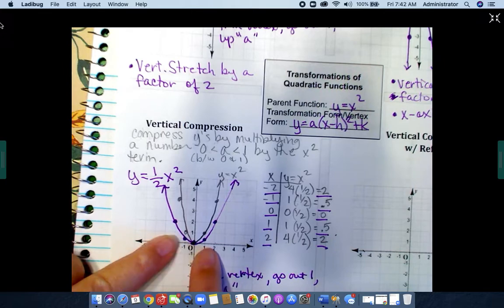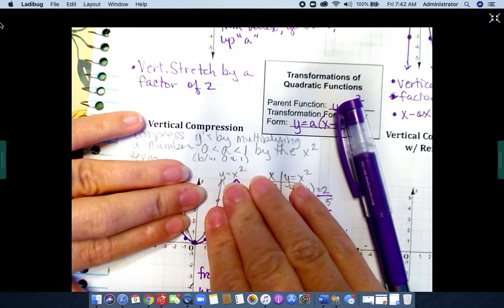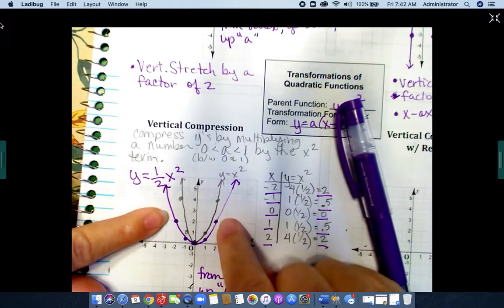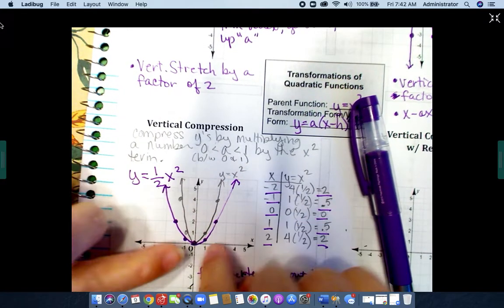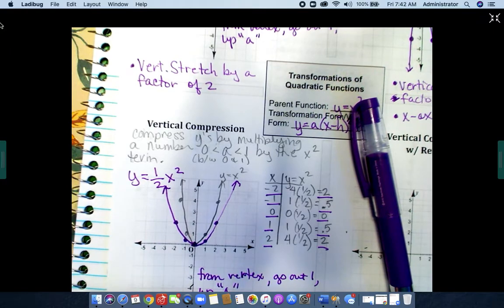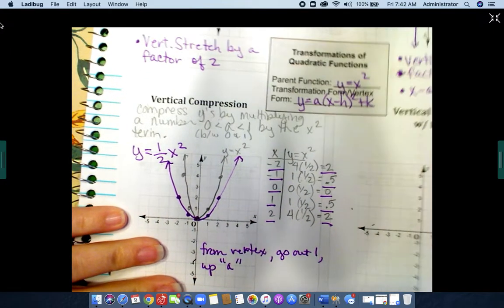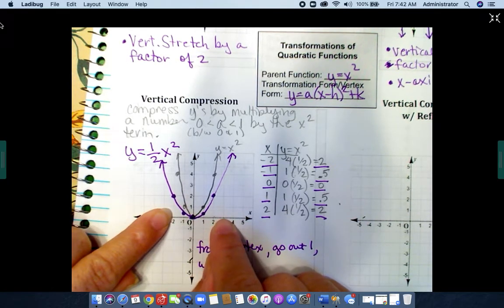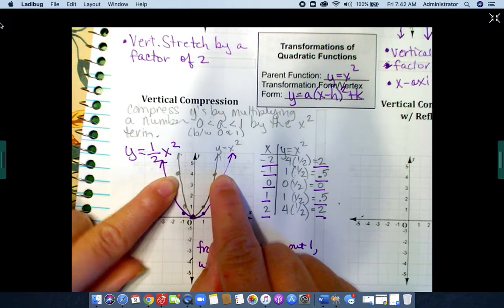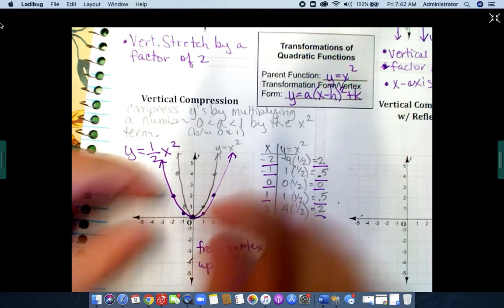Now, it's helpful to have more than one point. It might be hard to draw a parabola and make it look like it's supposed to if you don't have this set of points that make it continue to go outward. So while you could just drag these points down, which is exactly what you're going to do in Desmos, just remember yours, instead of going out 1, out 2, up 4, just cut that 4 in half and make it 2.